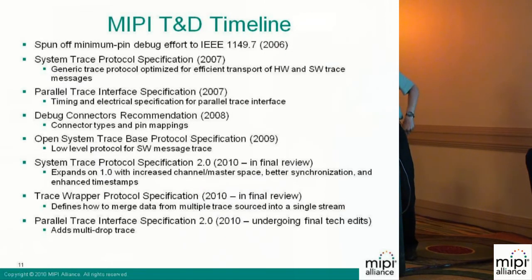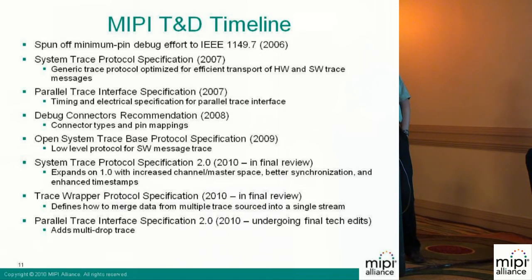So I'll quickly go through the timelines. We have a lot of specifications that have already been released. The system trace protocol specification, the first version of PTI was in 2007. The debug connectors, a base protocol for the open system trace, an updated version of the system trace protocol specification is now in final review.